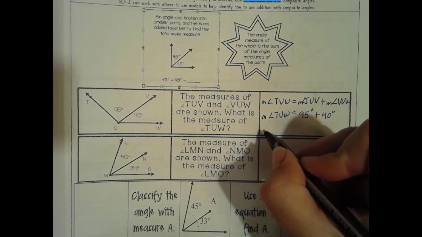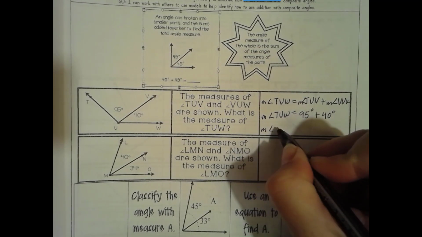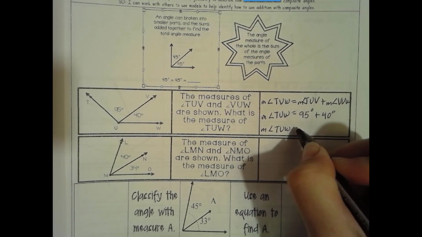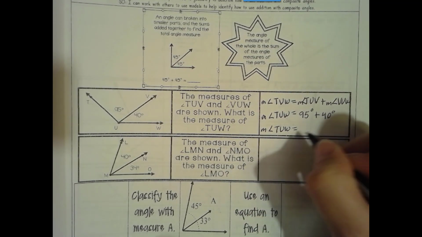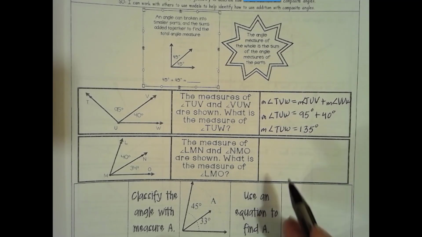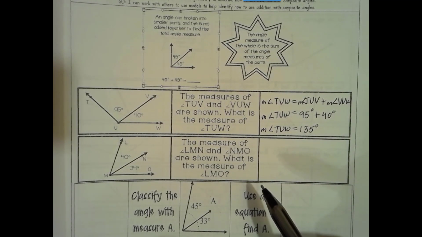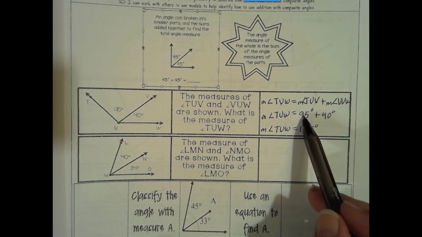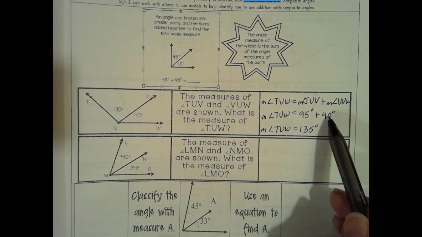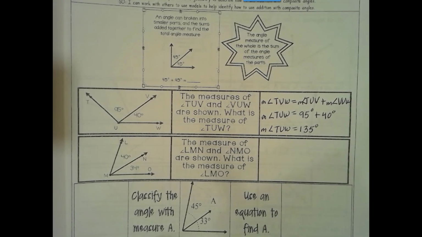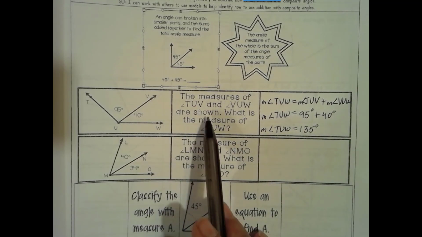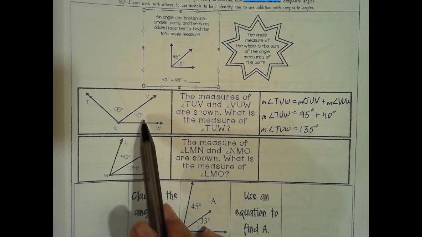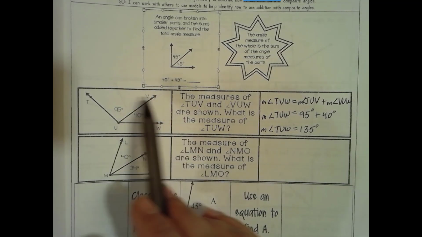Well, I just need to add those together, and I find that the larger angle is 135 degrees, because 95 plus 40 is 135. Just need to take 5 from this to make it 100. And then if I take 5 away, then it's 35, 100 plus 35. So here, because we are shown these two, we could find our composed angle.